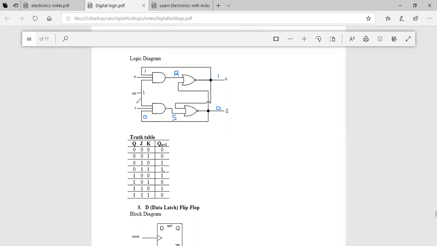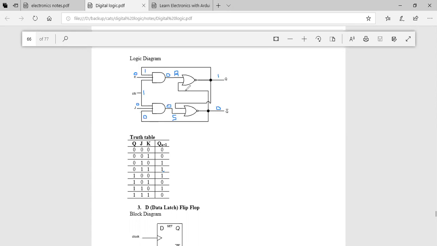Now let's have J, K. J is 0. K is 0. That's what we have at this point. So please take me through. What do you have here? 0. So this will be 0. What about this one? 0.